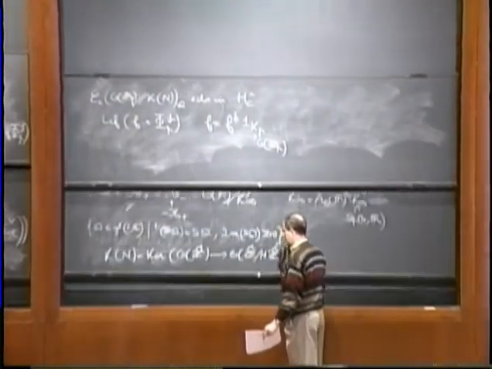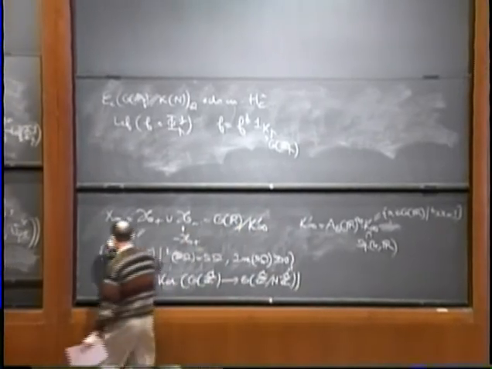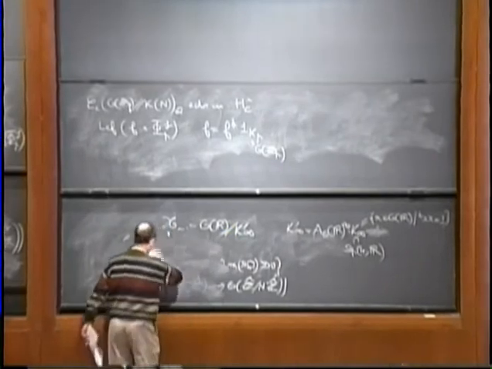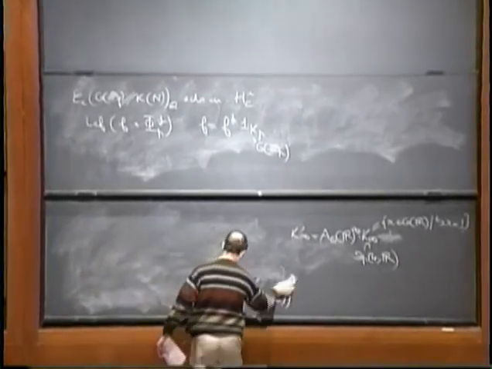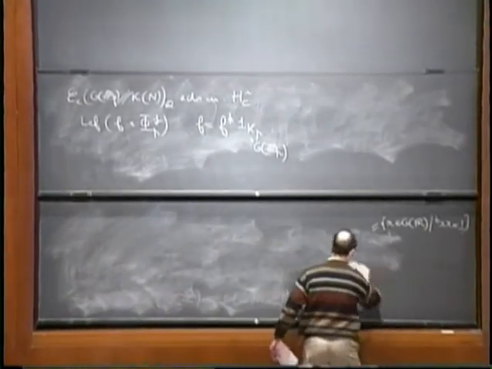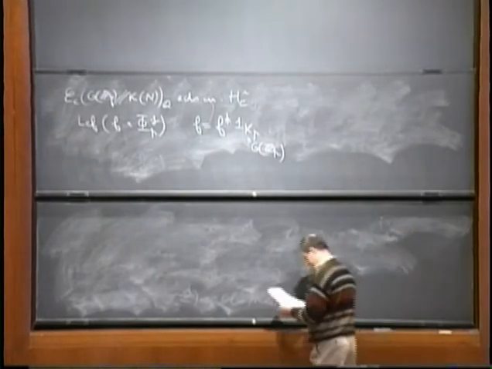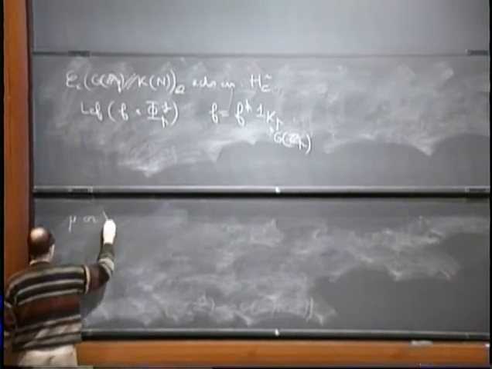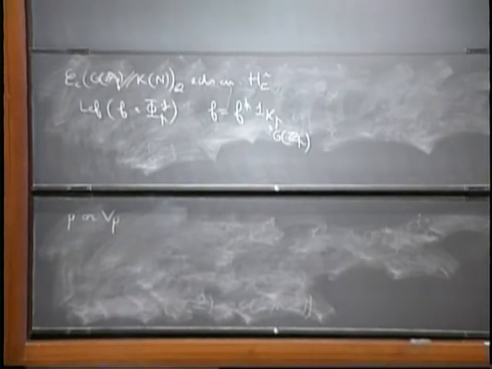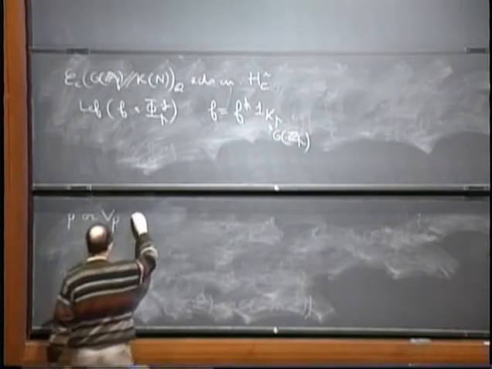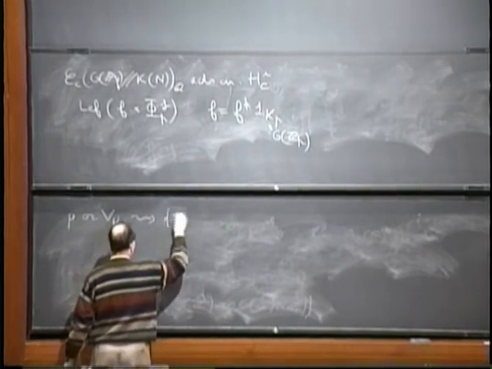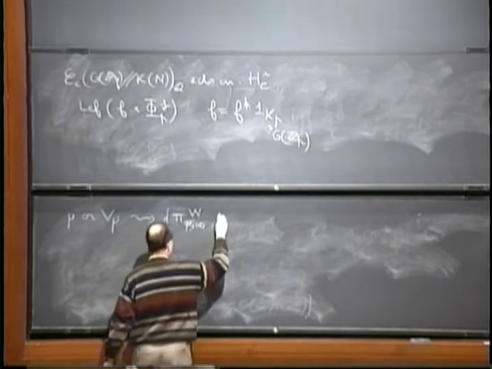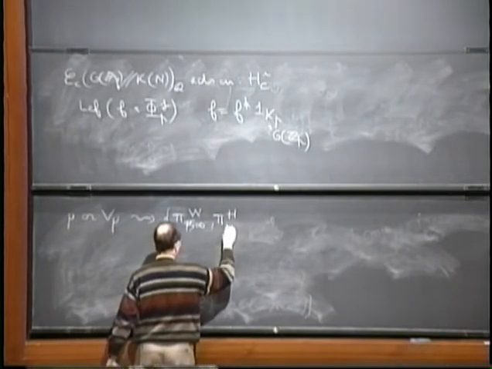First of all, some Langlands packet of representations of G(R). So, associated to mu, or the finite dimensional representation V mu, there is a corresponding L-packet of representations consisting of two representations.